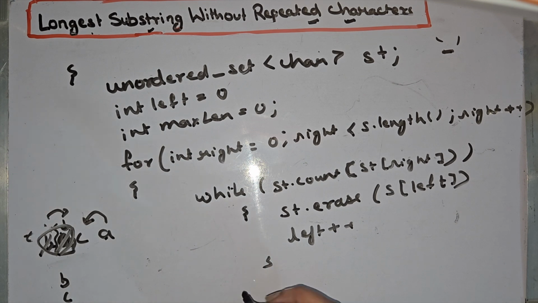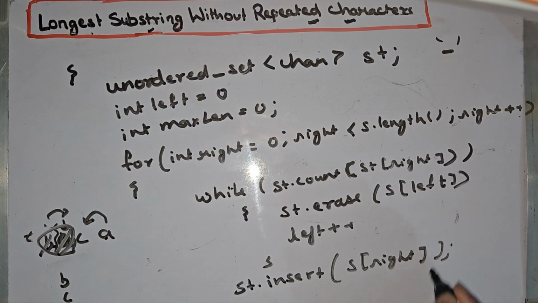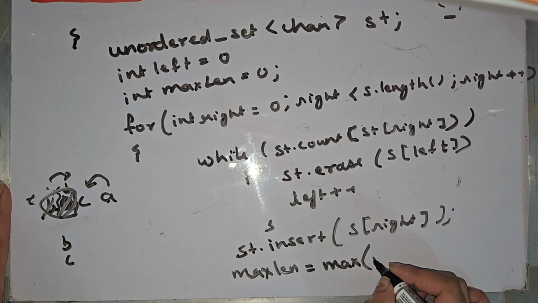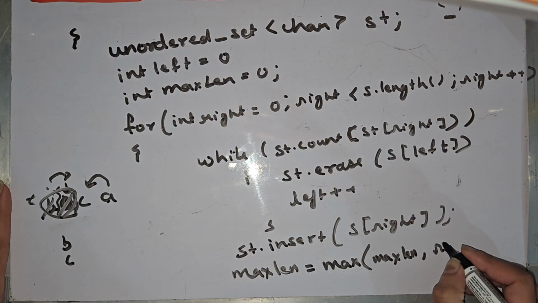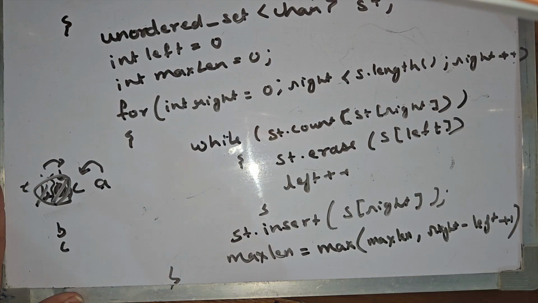Now what we will do is we will insert the right pointed character. Once we have inserted this character, we will update our max length. And at last we will return our max length.